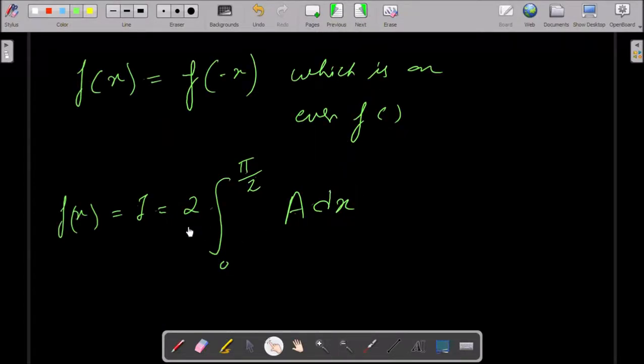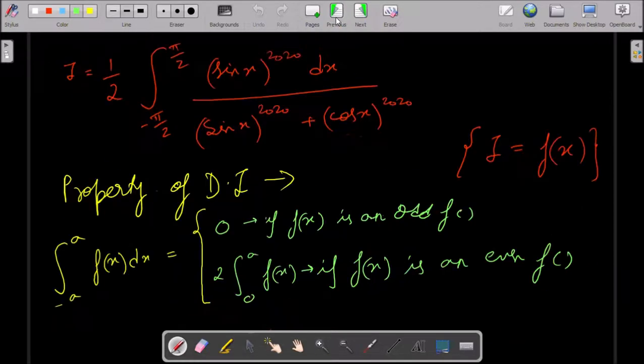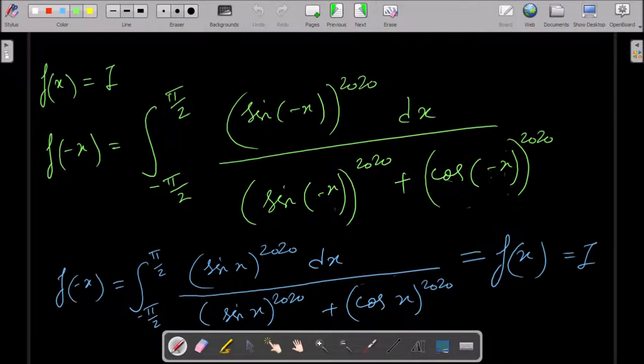See here, I have forgotten to write by 2 here. We have to write by 2 because I was equal to 1 by 2 of this part. So we have to write by 2 here also. Do not forget.